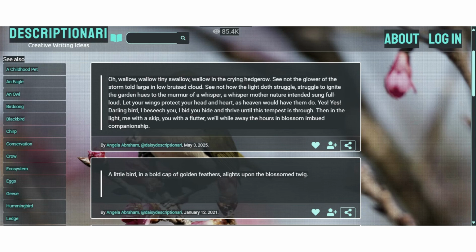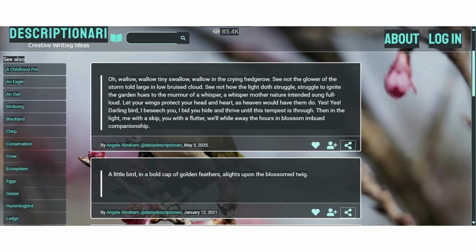Let your wings protect your head and heart as heaven would have them do. Yes, yes, darling bird, I beseech you, I bid you hide and thrive until this tempest is through. Then in the light, me with a skip, you with a flutter, will while away the hours in blossom-imbued companionship.